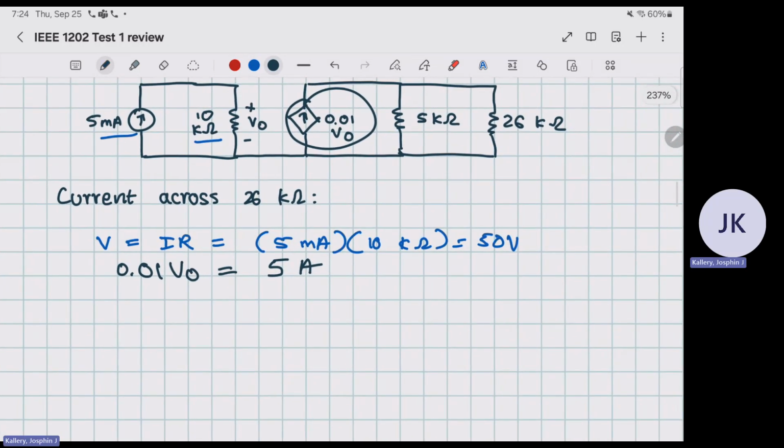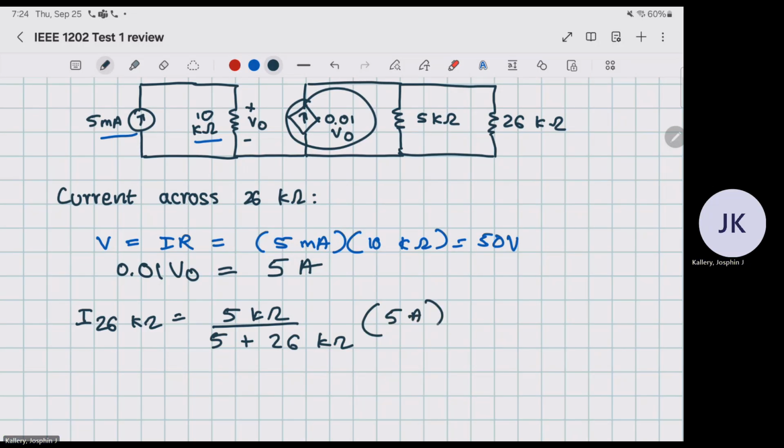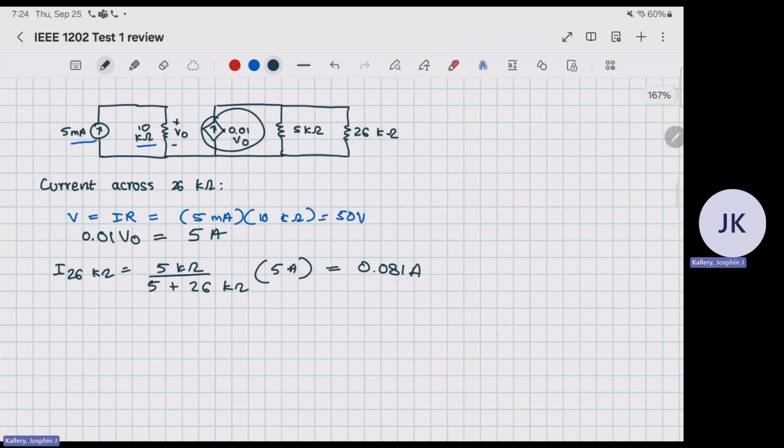If you go with current division, there'll be the 5 kilo ohms divided by the 5 plus 26 kilo ohms times the current that is going across it. So that'll be 5 amps. That will give you 0.081 amps. So we found the current.